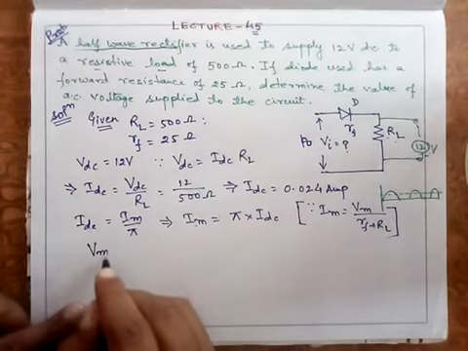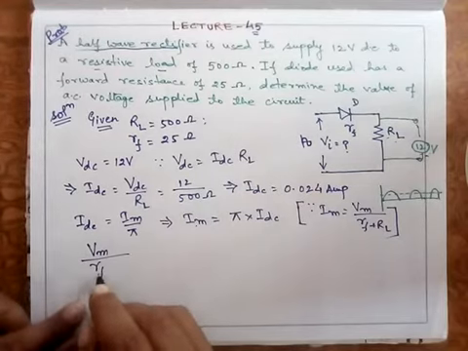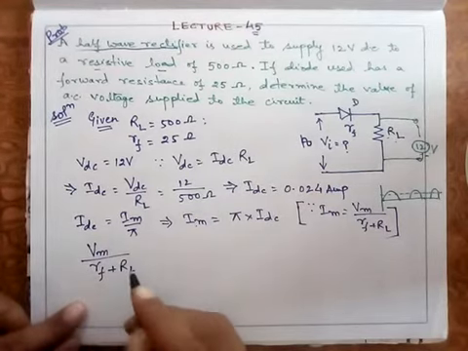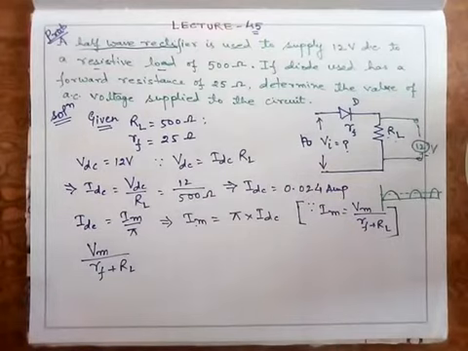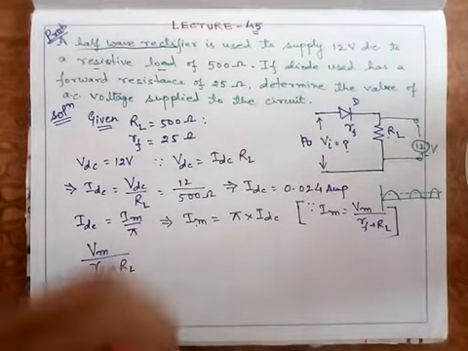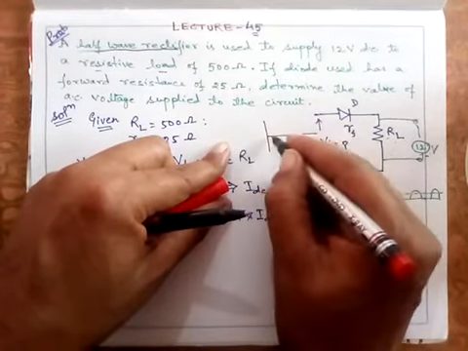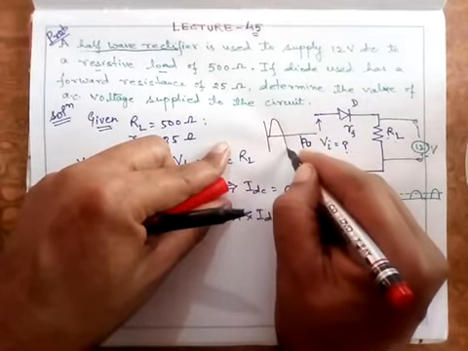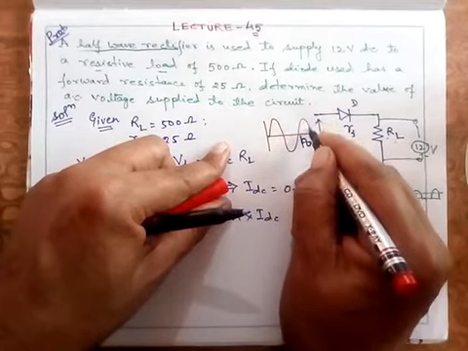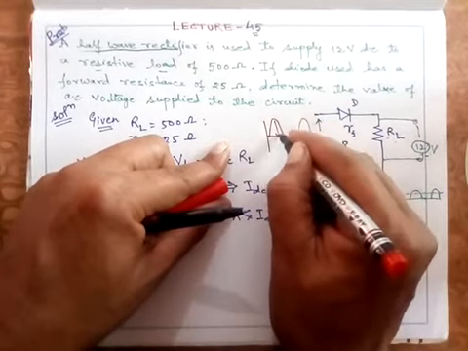Which Vm am I talking about? I am talking about the maximum value of the signal which is applied here at this point. I am talking about this Vm.